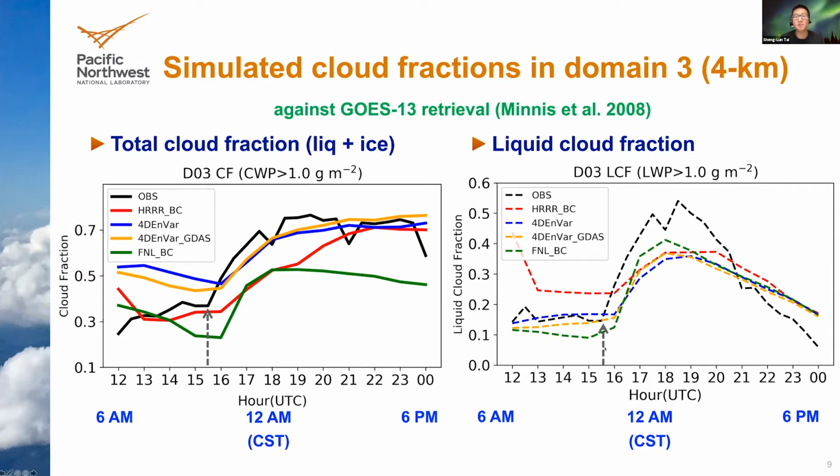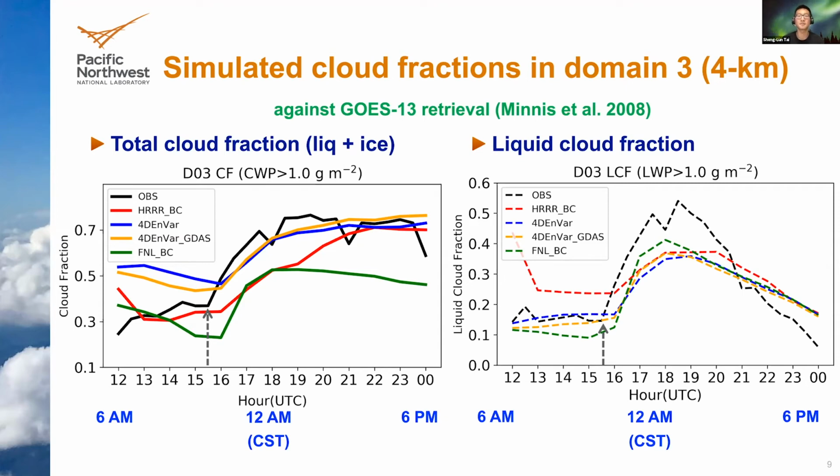This process is generally captured by all experiments, despite some differences in timing and magnitude. It also suggests that this rapid increase of total cloud fraction is contributed mainly by the liquid clouds, since both of them have similar growth at 10:30 in this case.